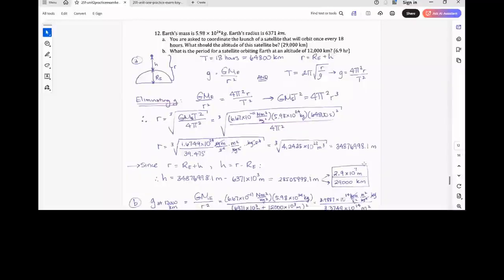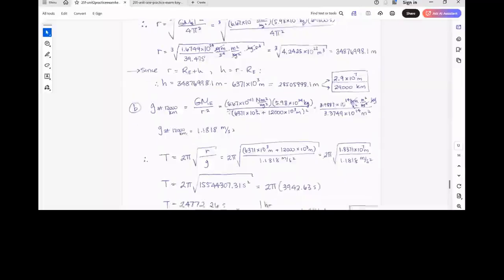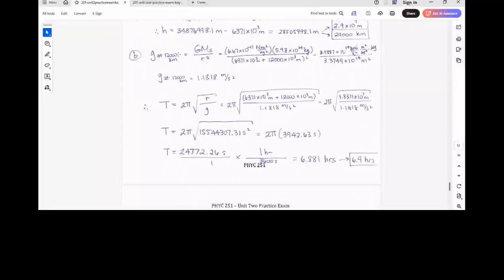So in this case here, we had an orbital period. We wanted to figure out the altitude that would allow that period to be possible. What if we work in the opposite direction? Let's say we have an altitude, we want to calculate what the period should be. So we've got 12,000 kilometers for our altitude. We're using exactly the same expressions as we used before, but in a different order primarily.